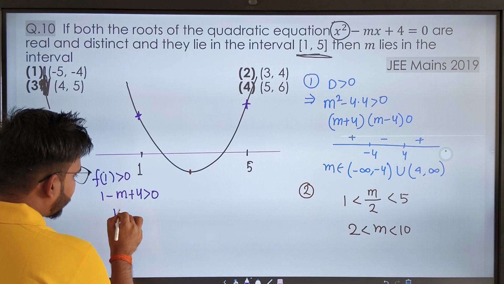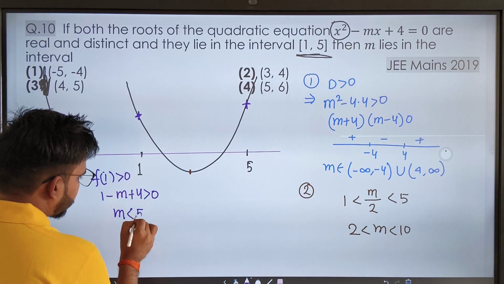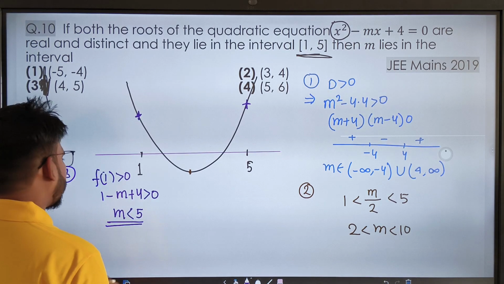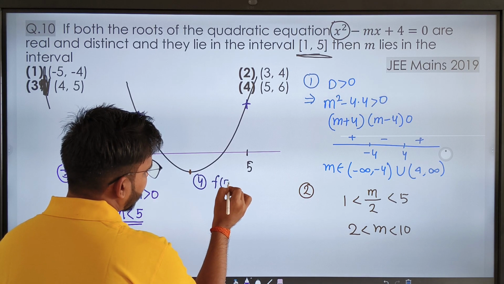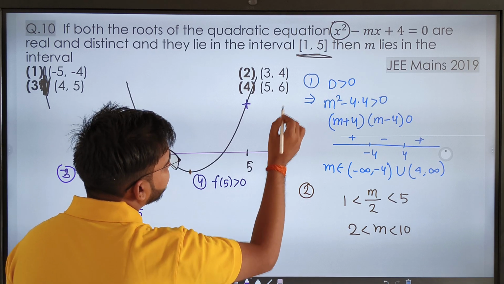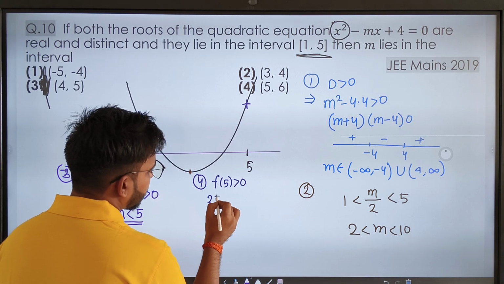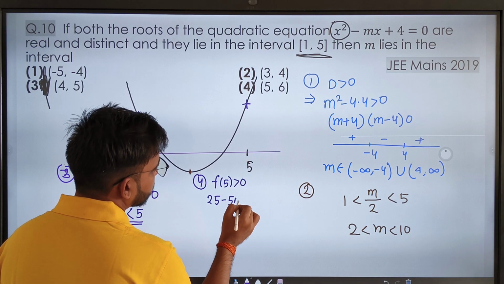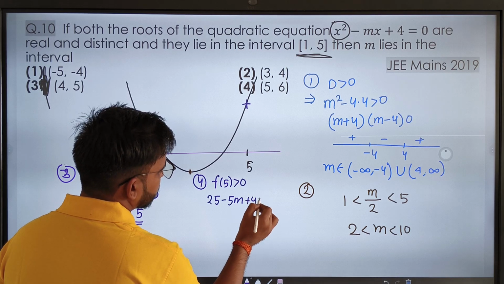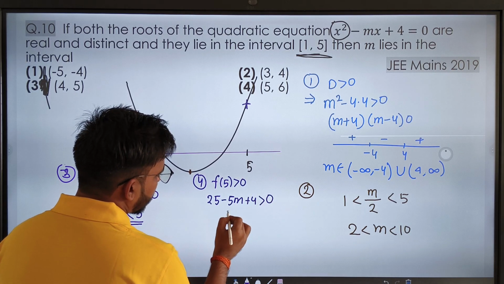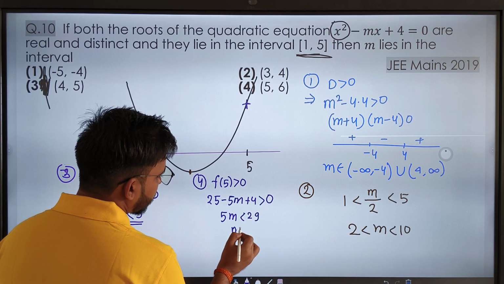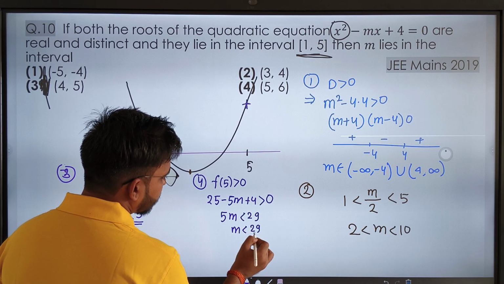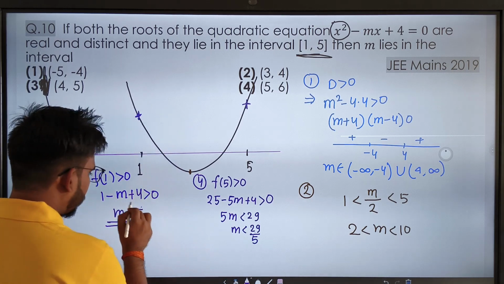So from here I will say m is less than 5. Similarly f5 should also be greater than 0. For f5 it is going to be 25 minus 5 times m plus 4 greater than 0. So 5m is less than 29, or m is less than 29 by 5. So I think this overrules this.